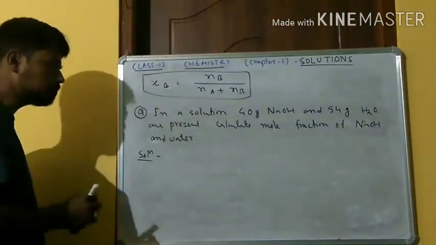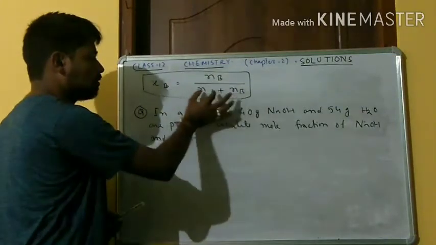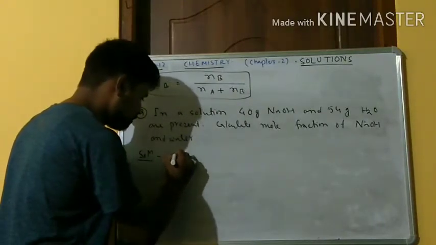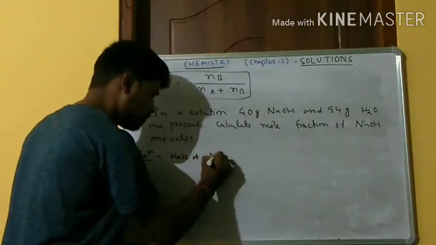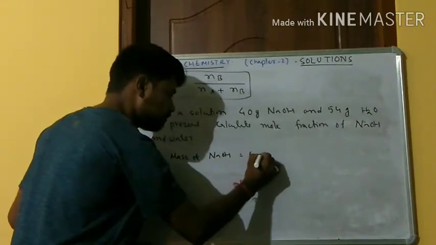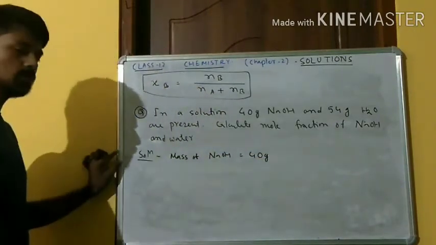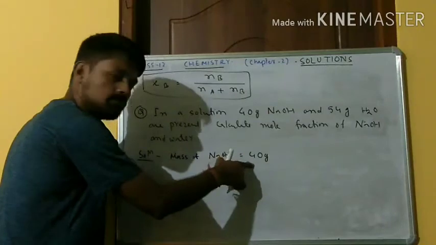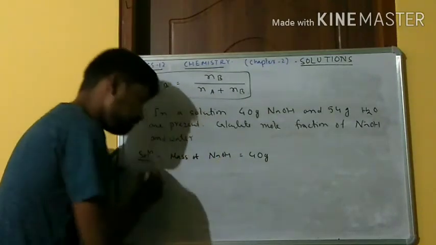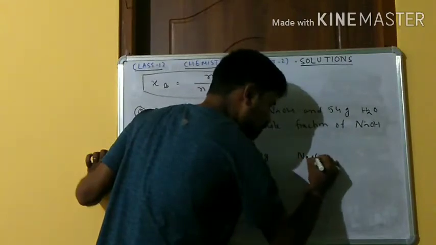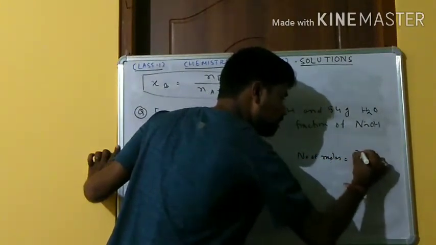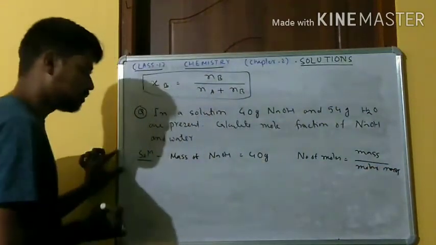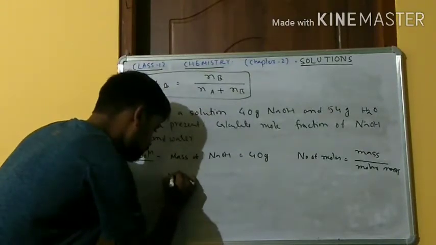So for this we have to know the number of moles. The mass of NaOH given is 40 gram. We have to calculate the number of moles of NaOH. We know that number of moles equals mass by molar mass.